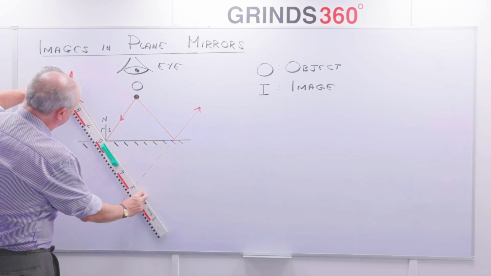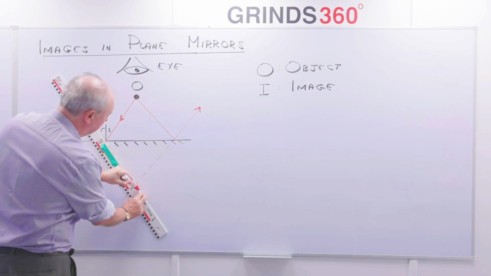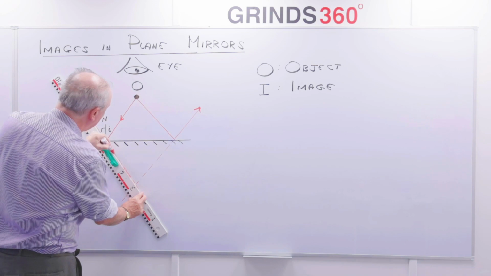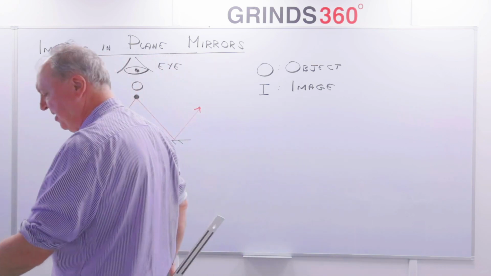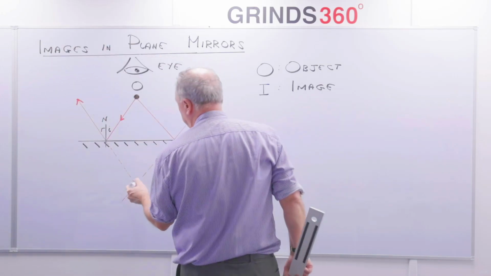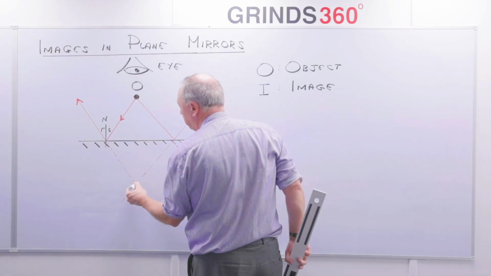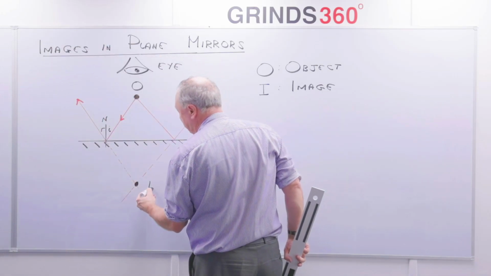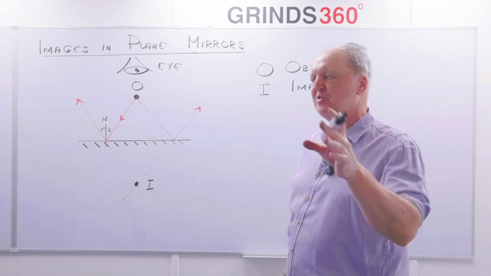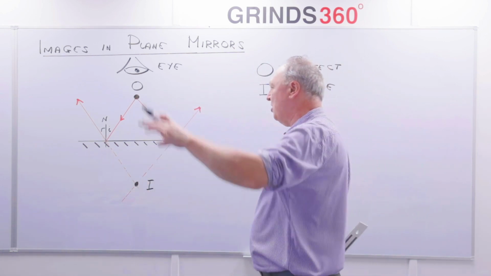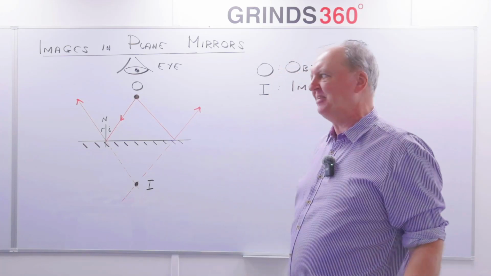In my mind's eye, I'm working it back. And those 2 reflected rays appear to meet here behind the mirror. So that's where I think the image I is being formed. You can do as many rays as you want. They will all work back to that point I.